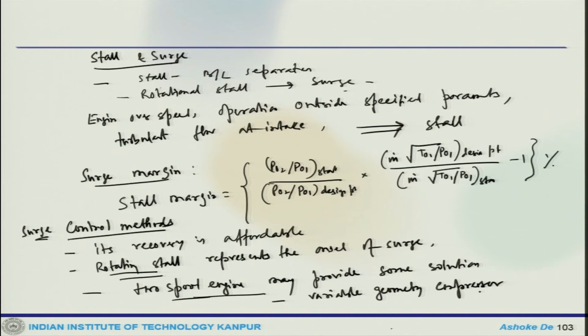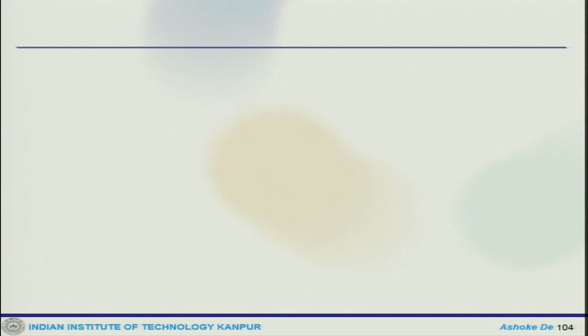So, solutions which are typically used, A is the multi-spool compressor. So, reduction in compressor speed from design value will cause an increase of the incidence in the first stage and a decrease of the incidence in the last stage. So, that probably could be a choice.